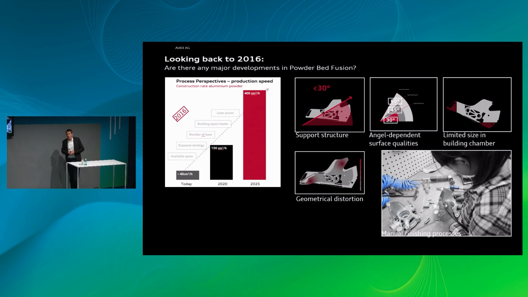Today we see that we are mostly at around 100 cubic centimeters per hour in our processes, machines, and parameters. And why are we not in serial production?